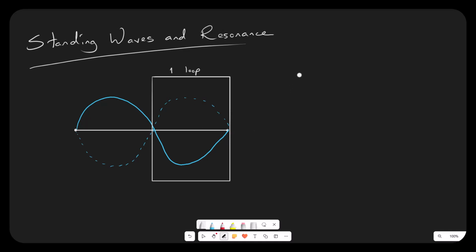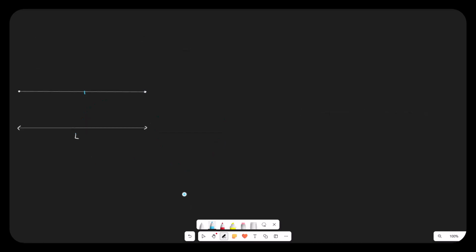So when I have my string, and my string has a length of L, I can put some waves on this. So let me try this one. I'm going to go up and down, and then back up. What have I done?